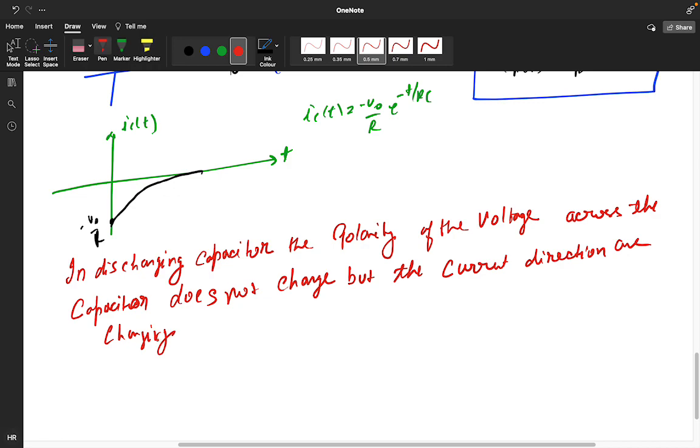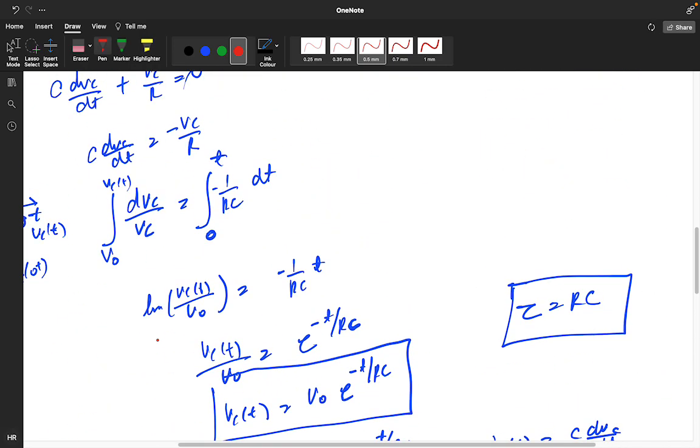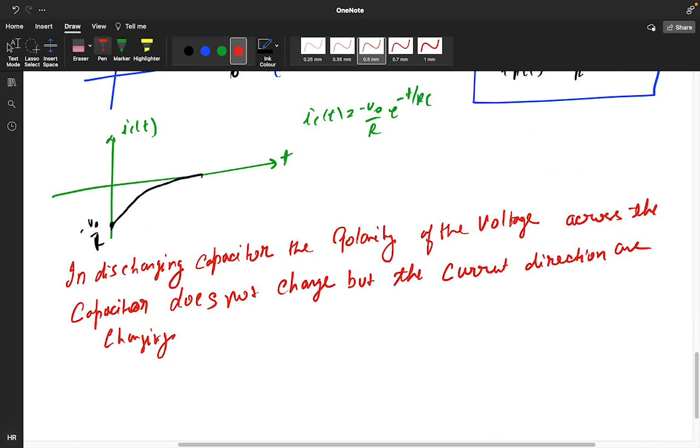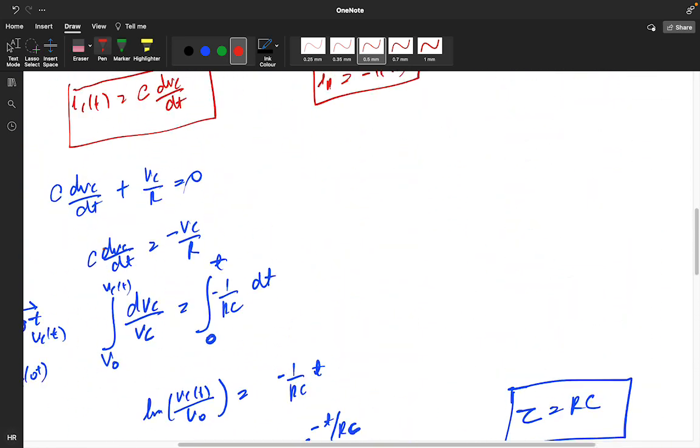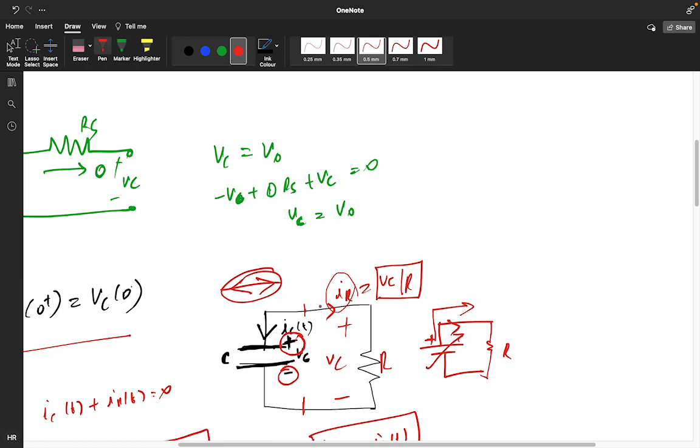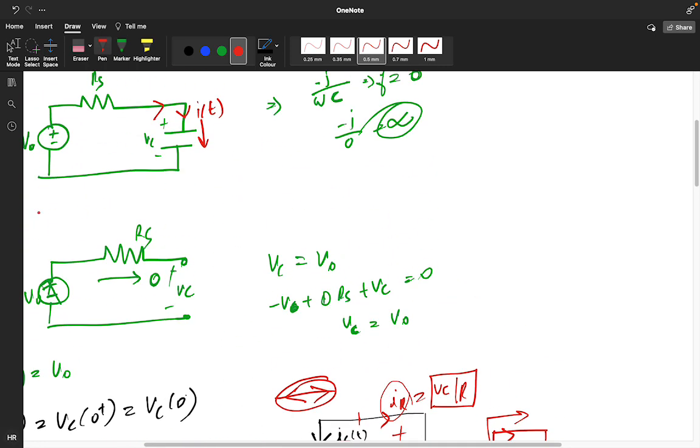So what I want to say, guys, see, earlier we were taking the current IR as 0, this current I am assuming. We are taking the current like this only.